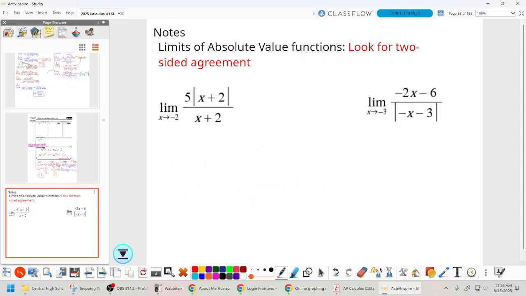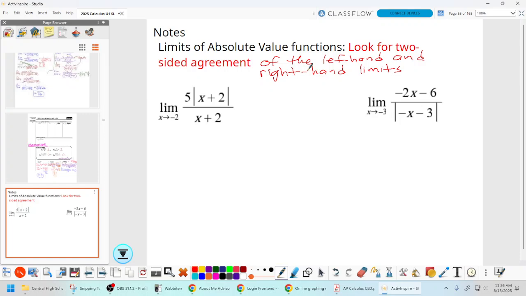But what I meant by this, so let's clarify it. Look for two-sided agreement of the left hand and right hand limits. Makes like they come together. Well, sometimes and sometimes not. If these don't agree, does the limit exist?